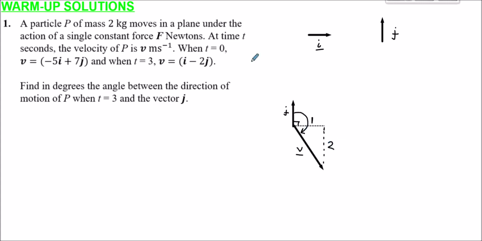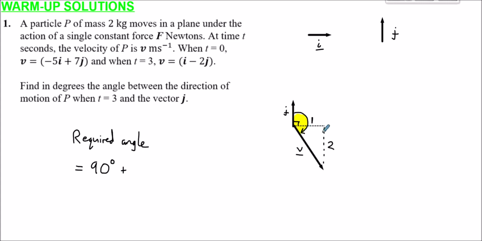And so this angle here, if I just colour this in yellow, say, the required angle is going to be 90 degrees here, plus this angle too. So this angle we can use simple trig for.